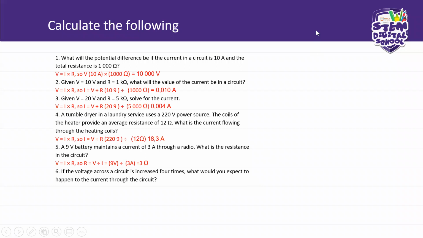It is the basic answer of Ohm's law. The current will increase by 4 times. Very good. The current will also increase because voltage and current are directly proportional, depending on resistance.